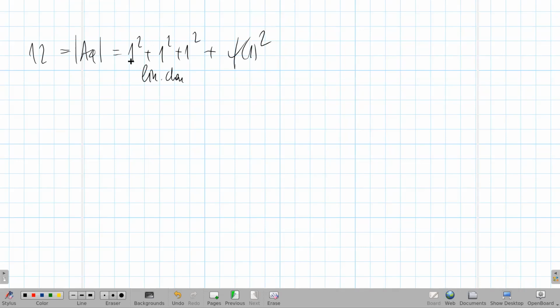Because this is the formula. You take all the irreducible characters and sum the squares of their degrees, which means their values in 1, and you obtain the order of the group. So this is 3, this is 9, okay? And so this means that psi of 1 has to be 3, so a character of degree 3.